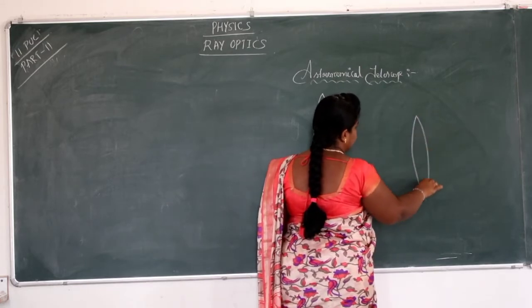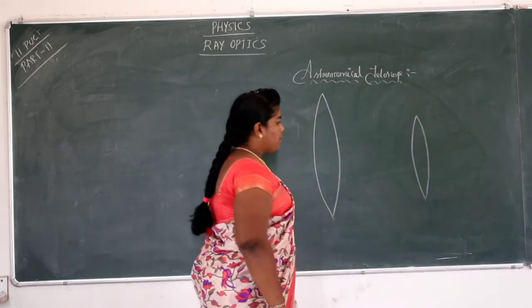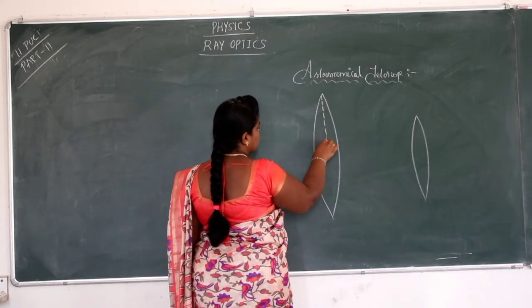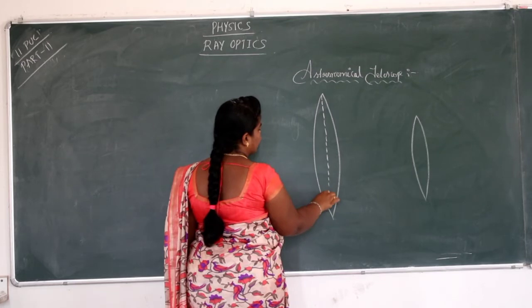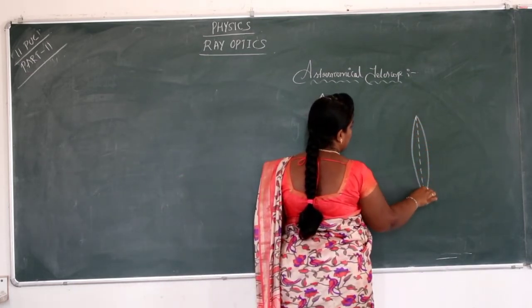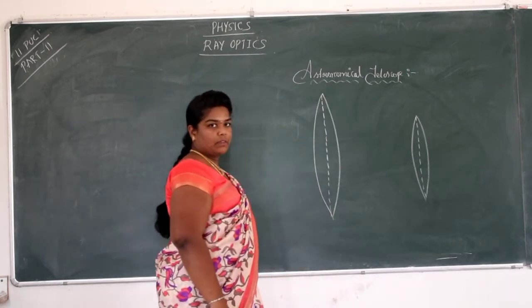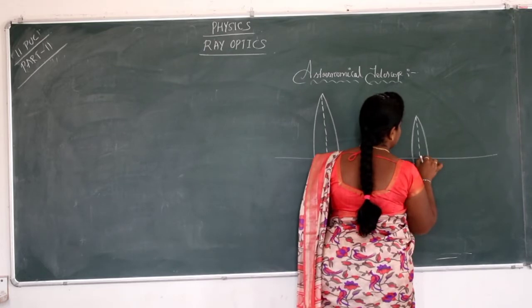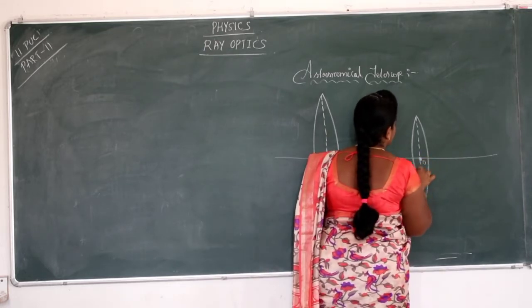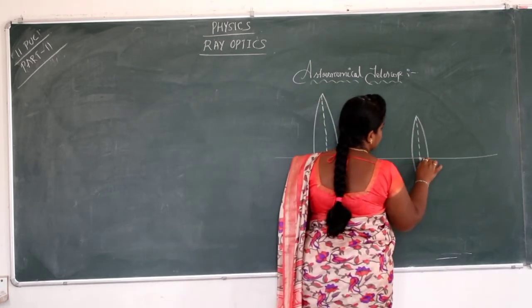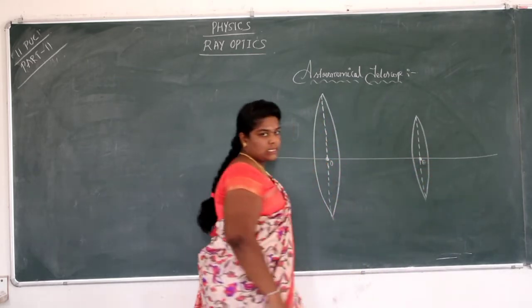The two convex lenses are placed coaxially, so that the axis of one lens is parallel to the axis of the other lens. Both lenses have an optic center, and through the optic centers I am going to pass a line, which is called the principal axis.